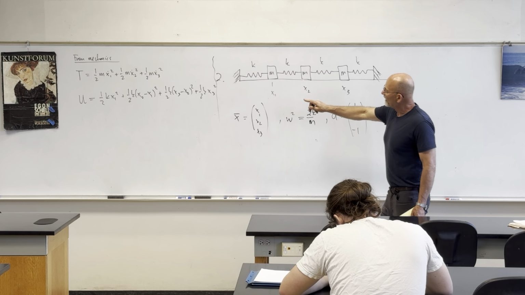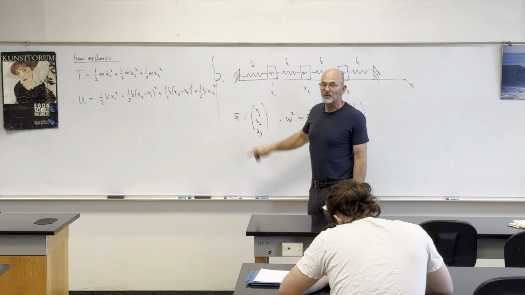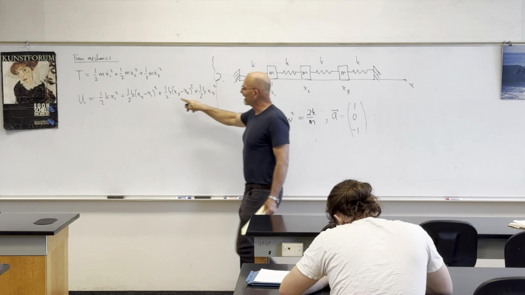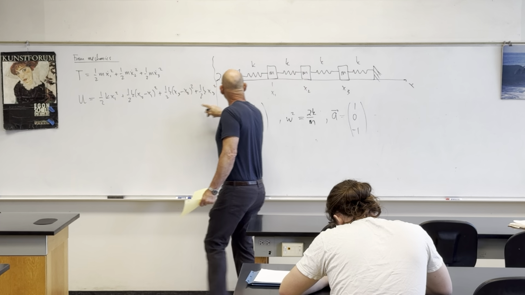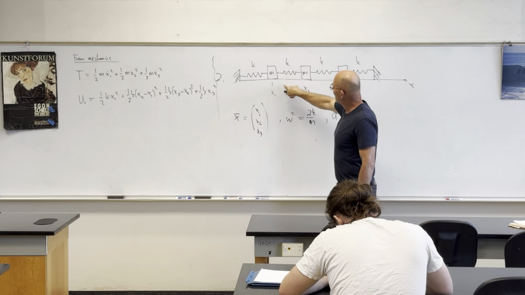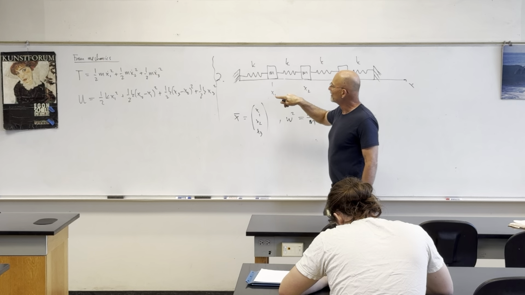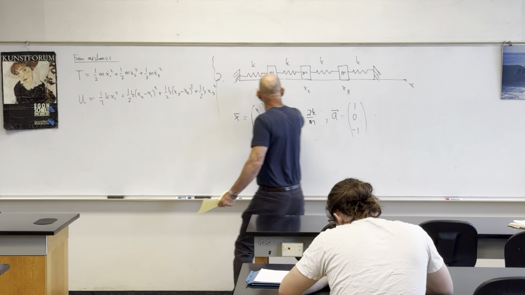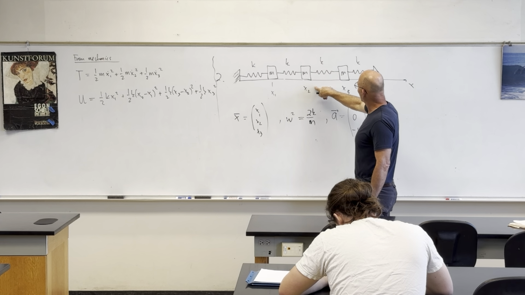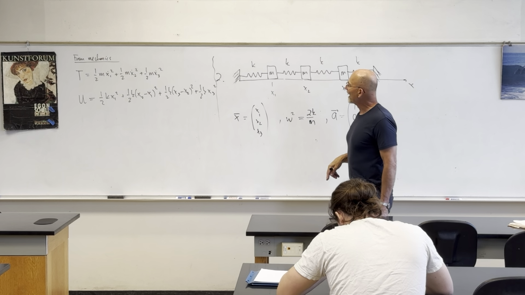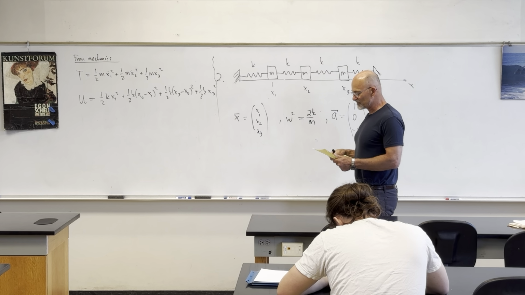Those contributions I've written down are simply the individual springs. This first spring only knows about x1. The second spring only has energy in it if x1 minus x2 is non-zero. The third spring has to do with x3 minus x2, and the fourth spring only knows about x3. So that's how you add up all the kinetic and potential energies.